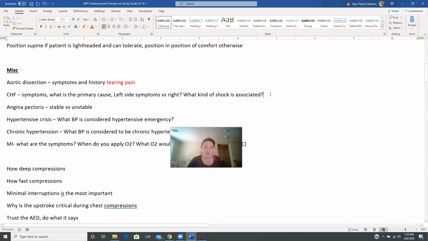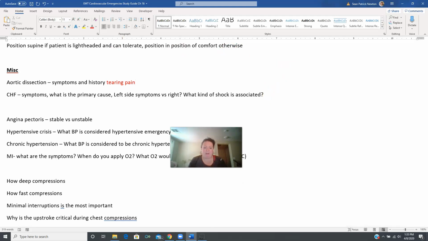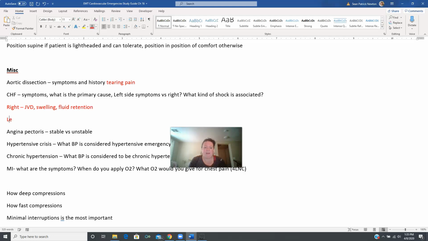Okay, congestive heart failure, left versus right. I'm going to go with specifically right. Right-sided heart failure is going to be JVD, so jugular venous distension, and then just swelling and fluid retention. And left, this is the backup into the lungs.